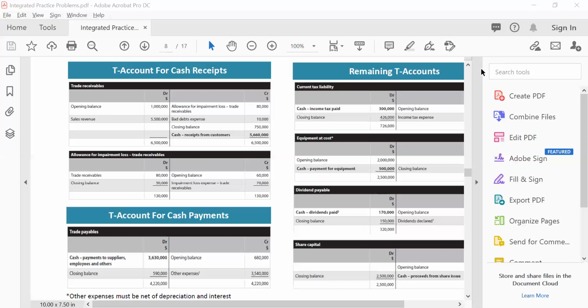Now, for liabilities and equity, it's the reverse, right? So a credit means that it has gone up, whereas a debit means it has gone down, okay? So we need to use that rule or principle in order to back out these T accounts.